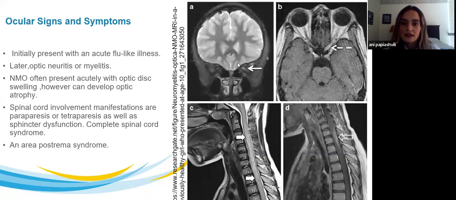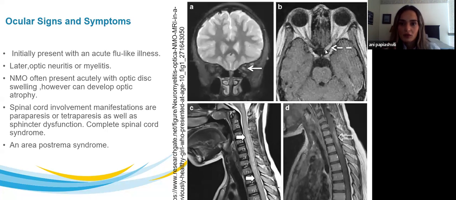I would like to show you this picture, which represents a 12-year-old patient. In this picture, you can see that we have swelling of the optic nerve, but I already mentioned that optic neuritis in neuromyelitis optica can be unilateral or bilateral, and it sometimes involves the chiasma.